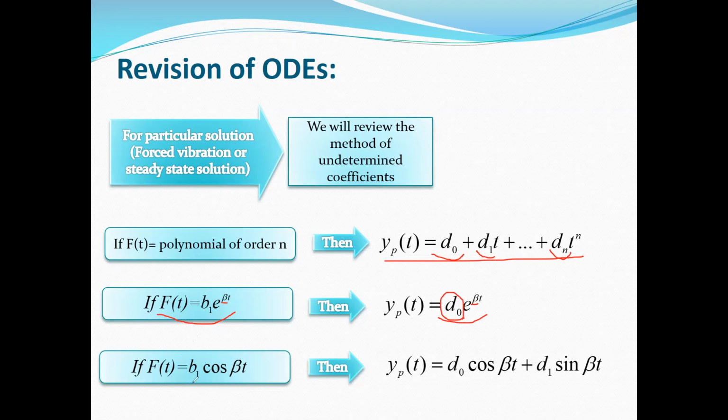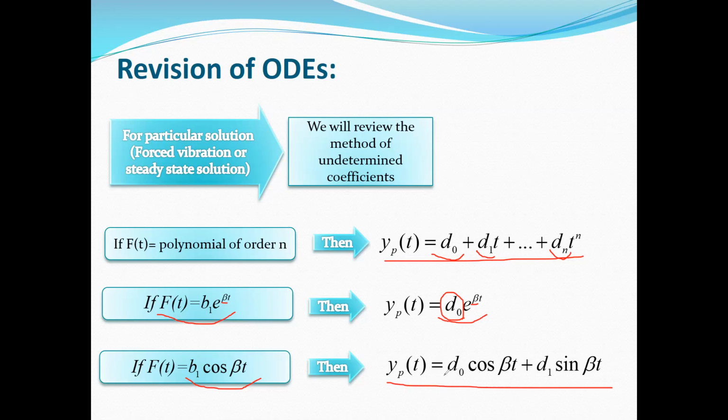And finally, the last case, which is important in this course, is the cosine or sine function. Assume that, for example, f(t) is equal to b1 cosine beta t. In this case, b1 and beta are again known. They are some given data in your problem. The particular solution will be considered a combination of cosine and sine with coefficients d0 and d1.